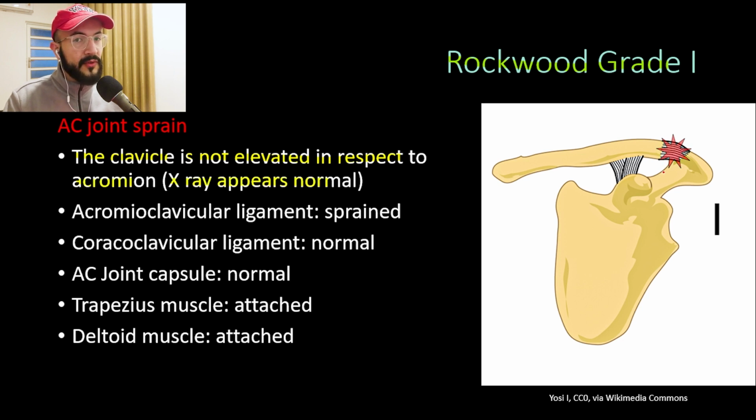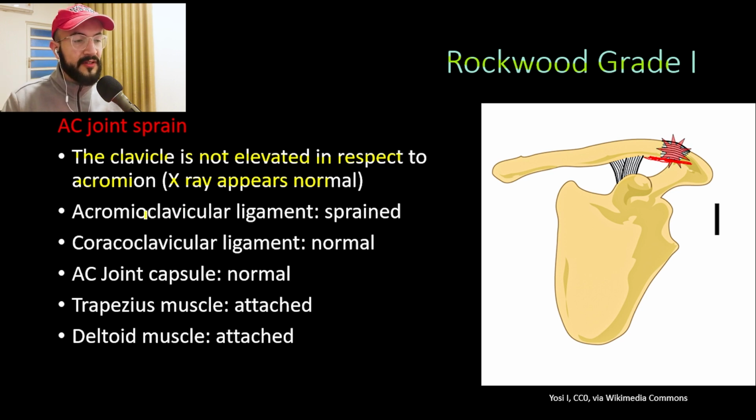So if we drew the line in the AP clavicle with a 20 degrees cephalic tilt, we will see that the lower edge of the clavicle will line up with the lower edge of the acromion, and the X-ray looks perfectly normal.